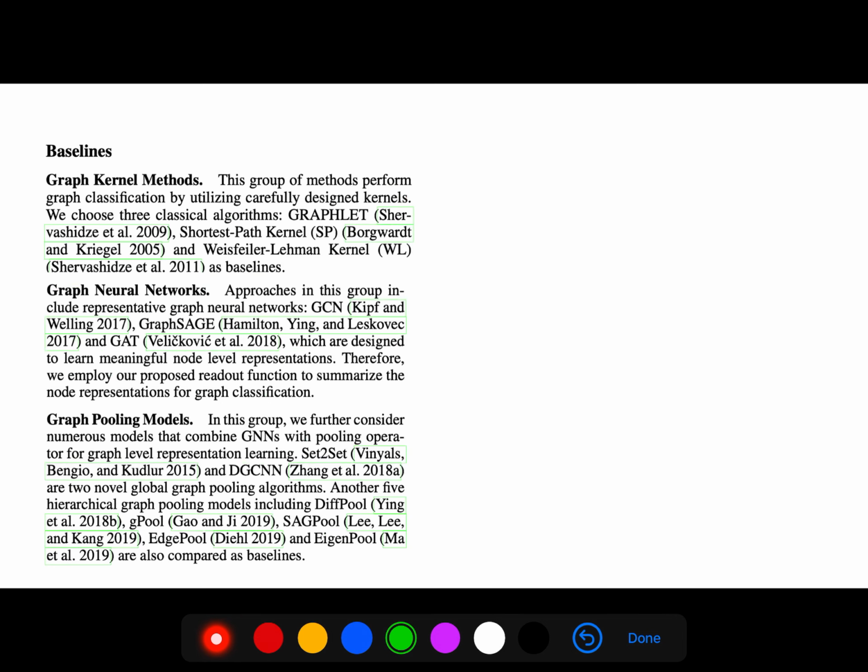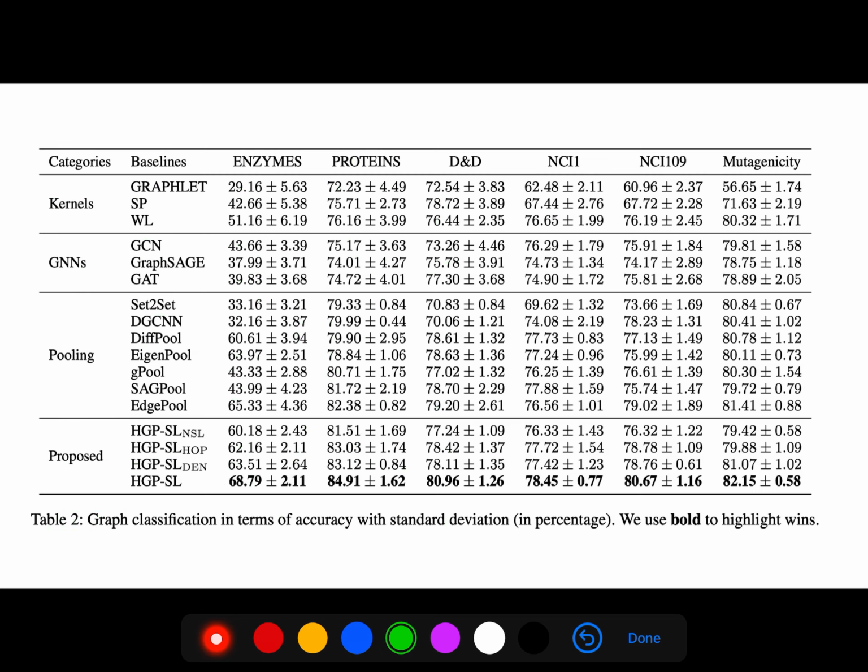MUTAG data set. So for example, for ENZYMES, you see, started from 29, now we are at 68. But for PROTEINS, we have 84. If you compare it with kernels, the proposed method is much better than the kernel approach.